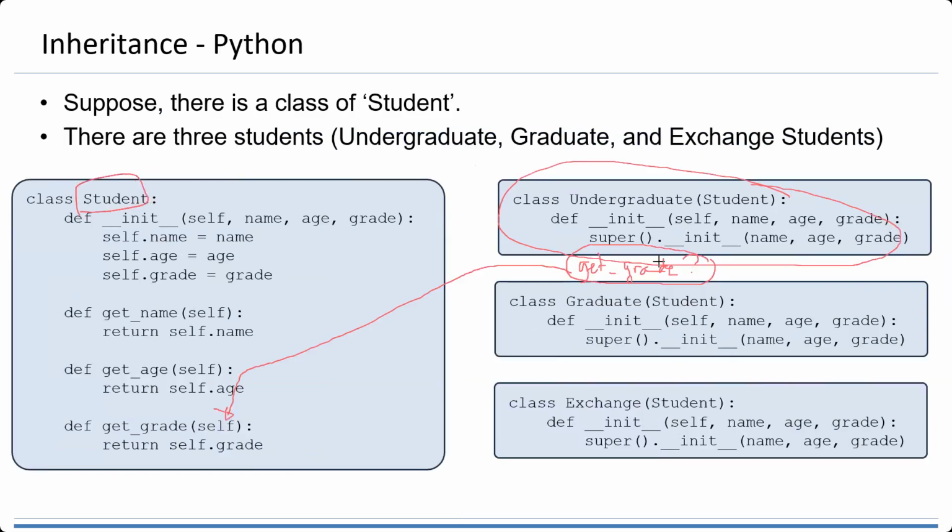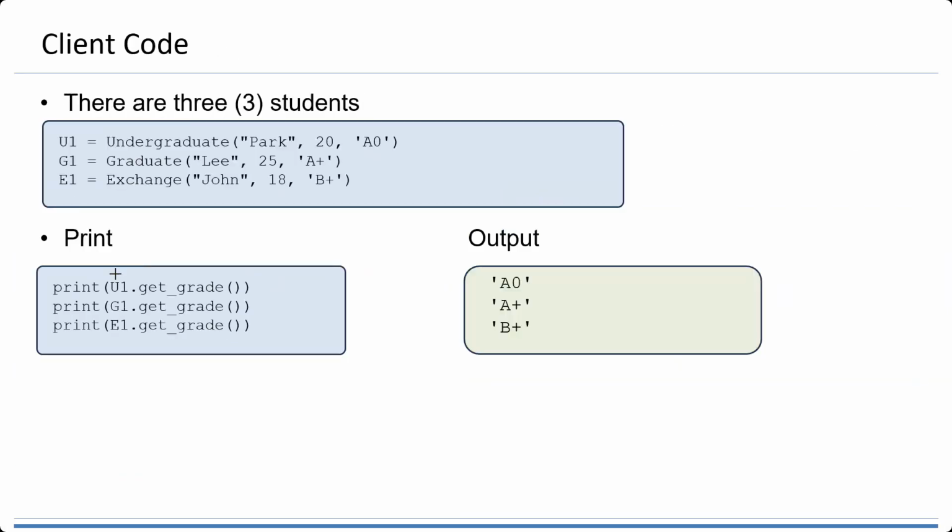So there is no get grade method in the undergraduate, but you can call U1 get grade because the undergraduate class already inherits the properties from student class.